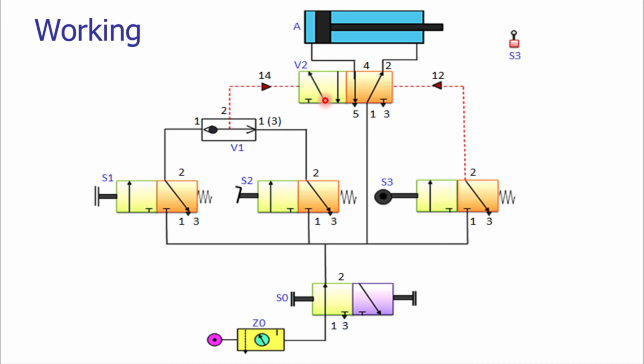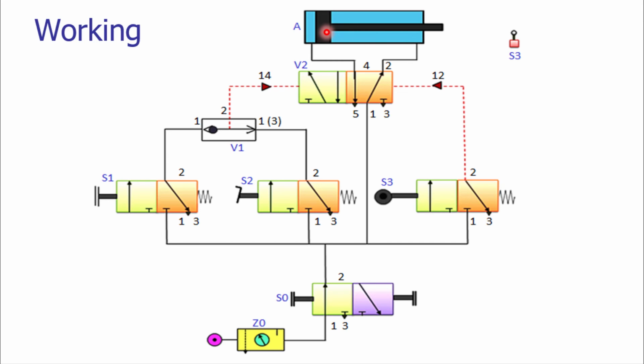Now as the left side or the green position is actuated, you can notice here that the input port or the pressure port will be connected to port 4. As it is being connected to port 4, there is extension of the double acting cylinder.